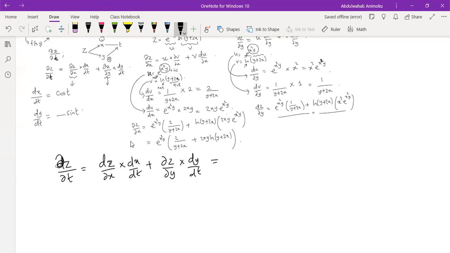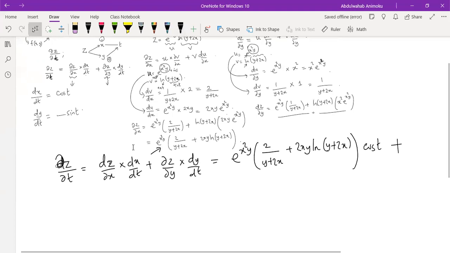Now del z del x, we got it here. So we use that, e raised to power x squared y, bracket 2 over y plus 2x plus 2xy ln(y plus 2x). Now this multiplied by what? Dx dt, which is just cosine t.